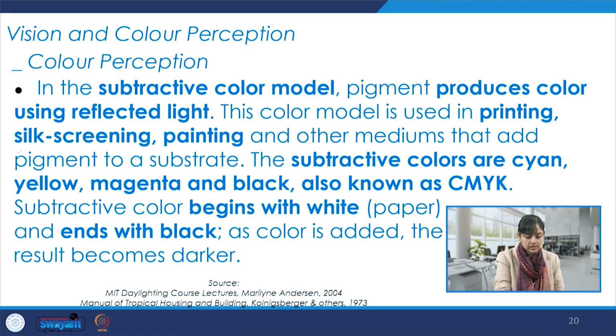Now we are seeing silk screening, painting, printing. Here the CMYK is encouraged. And if we are talking about using some kind of silk screening for interior design projects, some wallpapers, some printing, this would be important for us to understand what is the difference between the CMYK and the RGB color scheme.